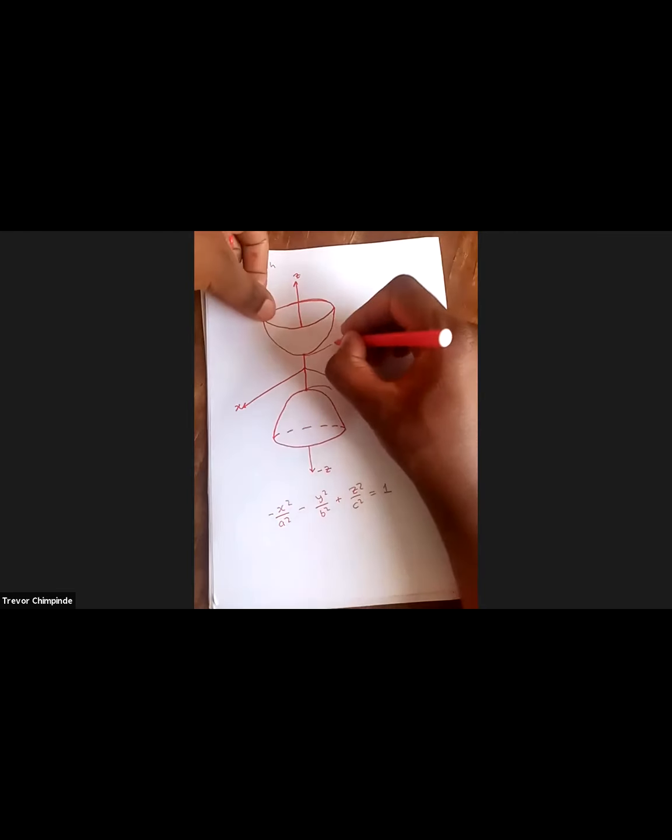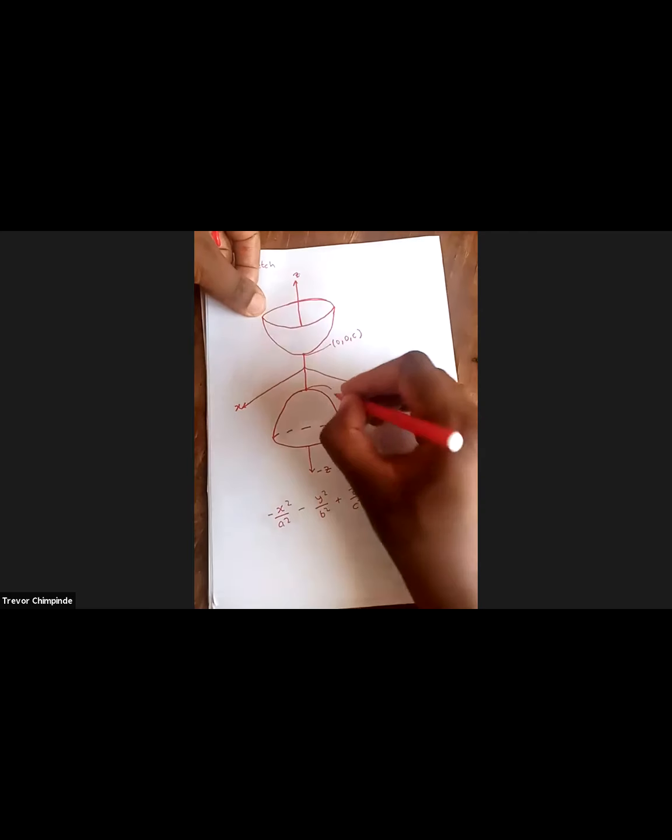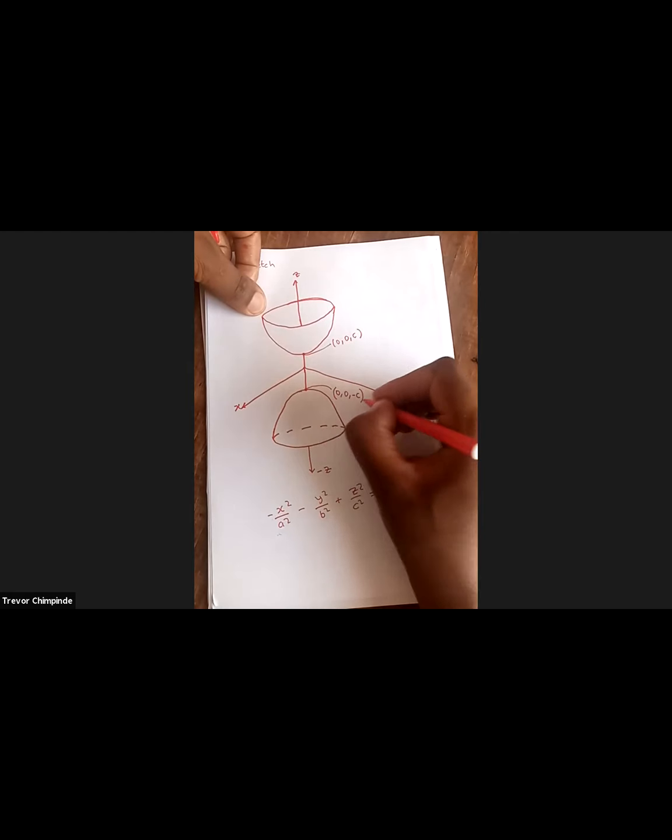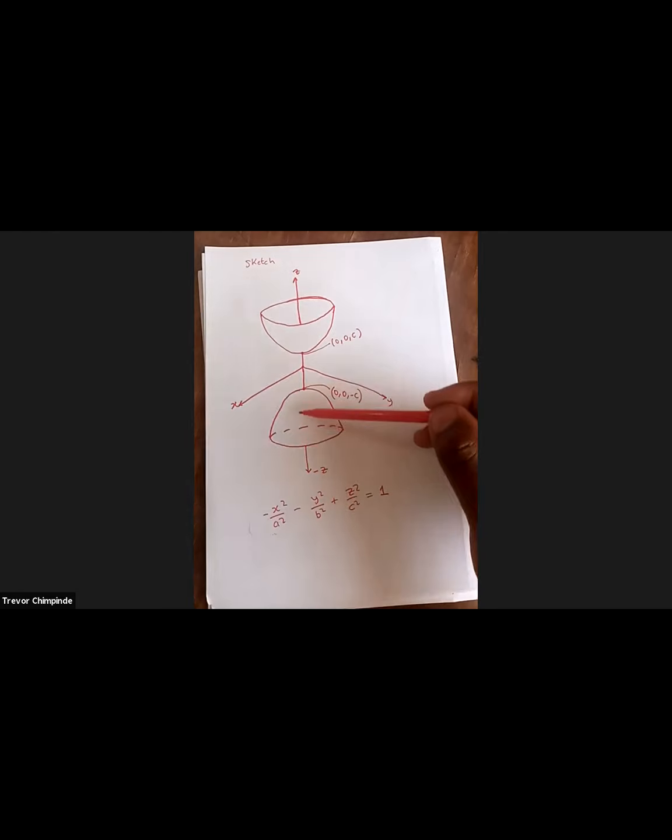It's C. So this point is 0, 0, C, and this one is 0, 0, negative C. And it's easy to see from the general equation again, because along the z-axis, the x and y coordinates are 0.